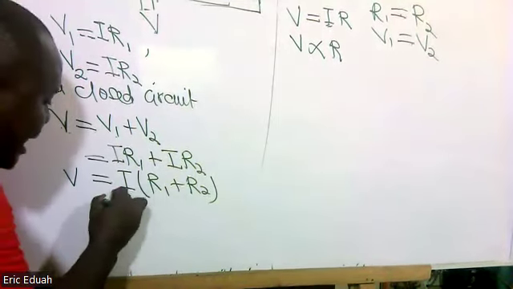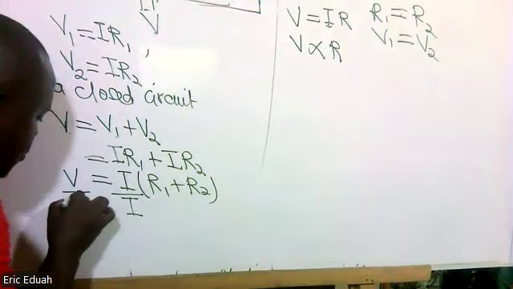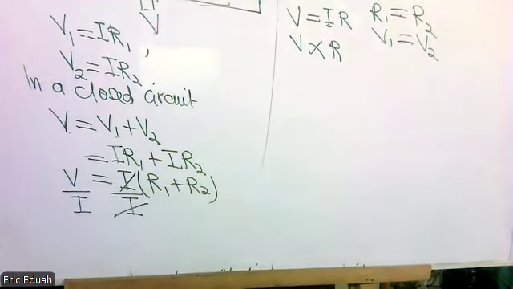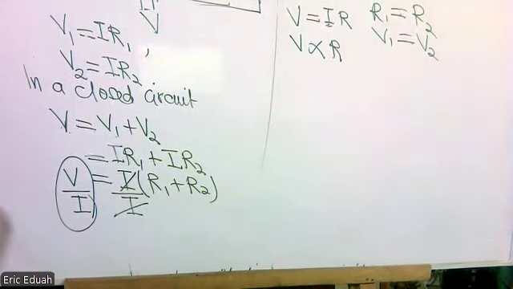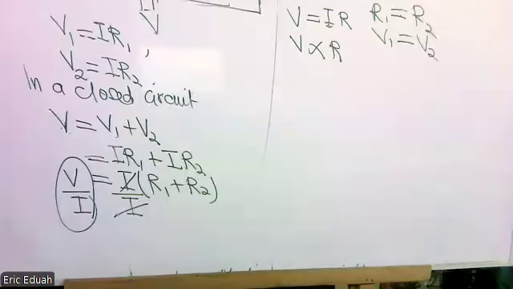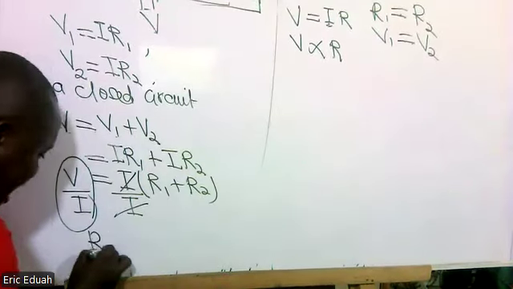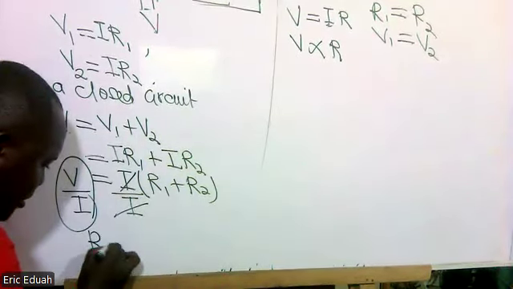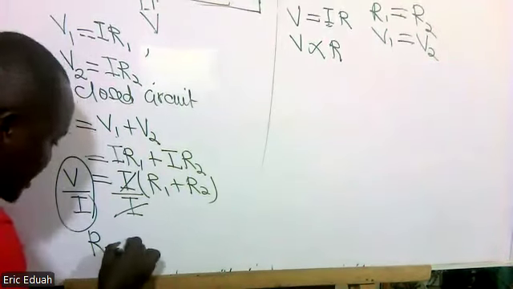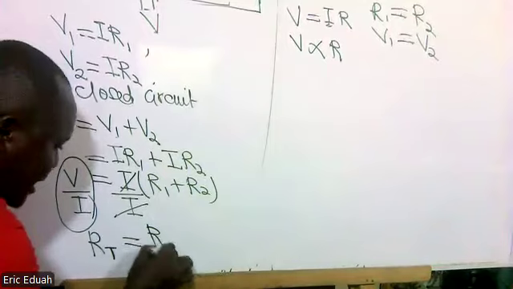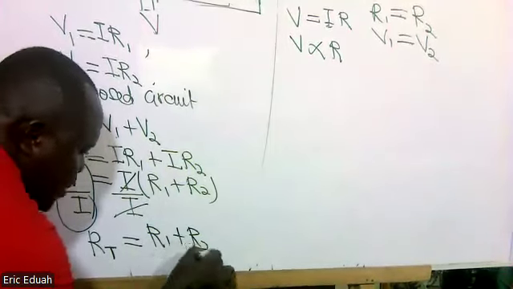Let's divide through by I. When you divide through by I, what will be this ratio? This R is equal to the total resistance, RT. And RT is given by R1 plus R2.